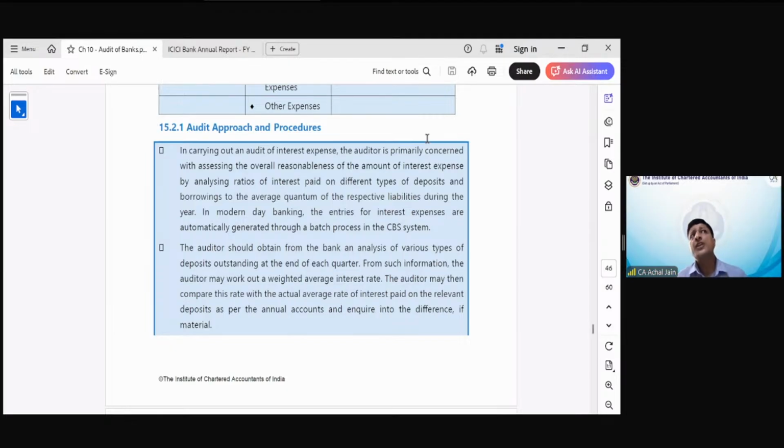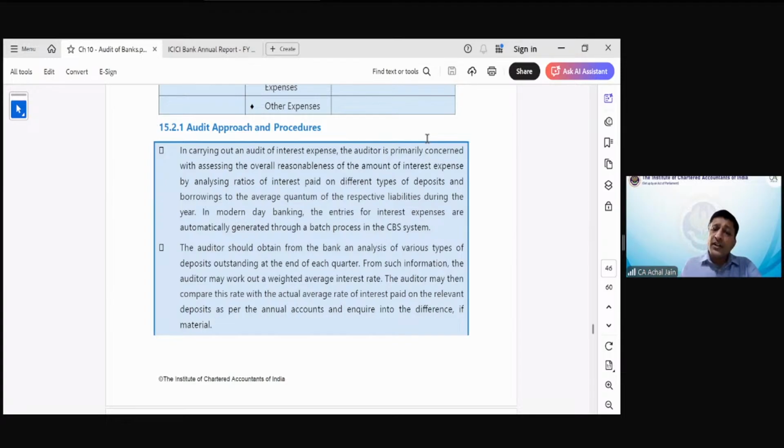So therefore, in such a case, the auditor will have to involve the IT expert. Even if you look at the bank, this interest calculation has to be done by the management also. So how will the management be doing it? These days, all of these things are automated.